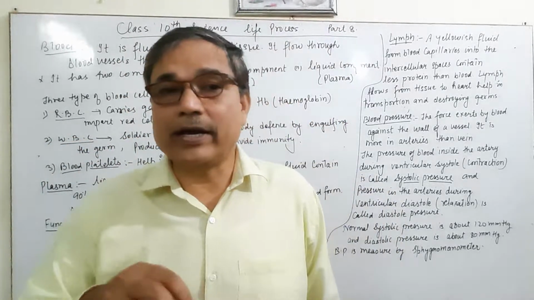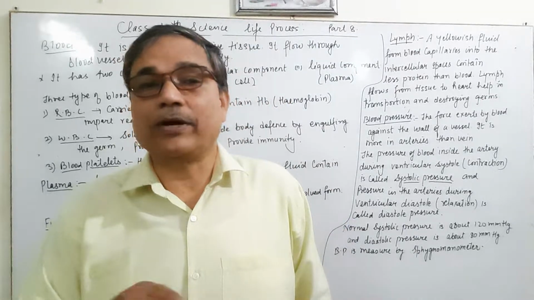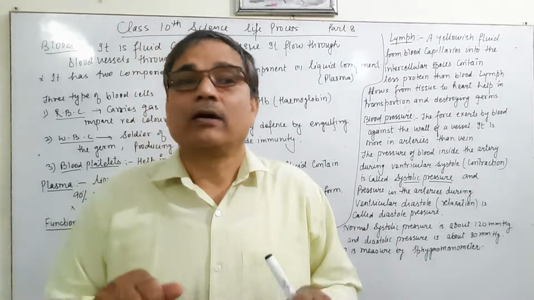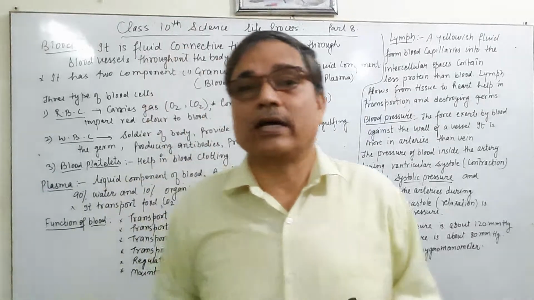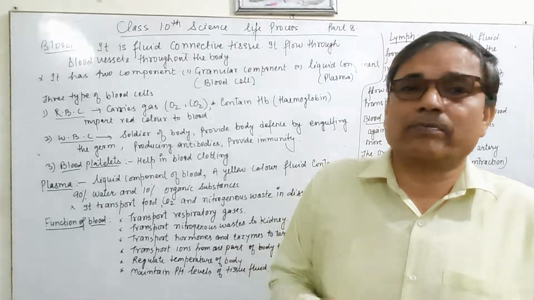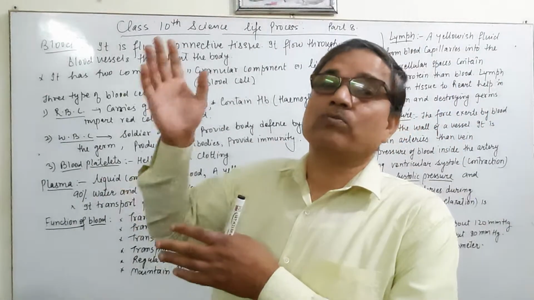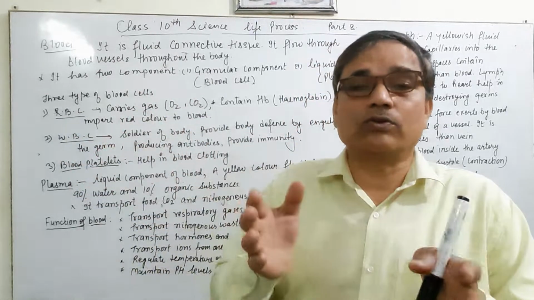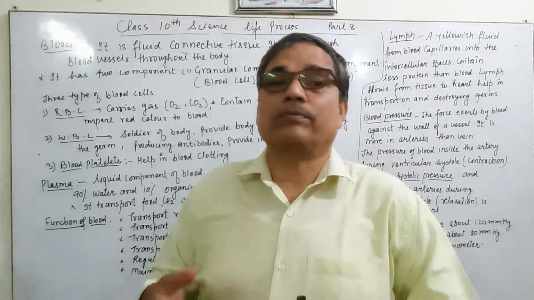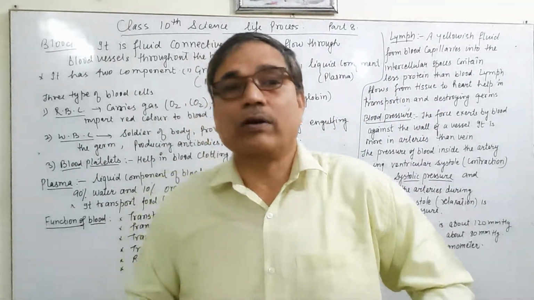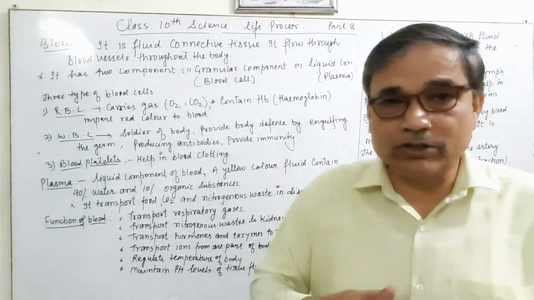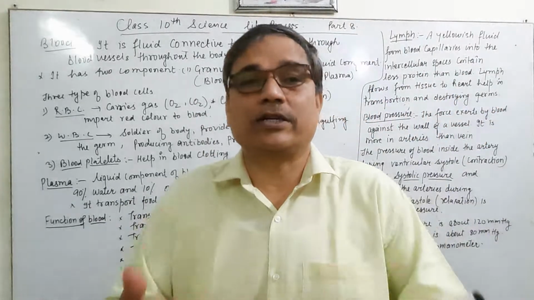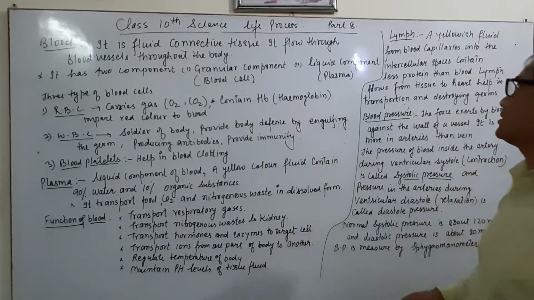Therefore, blood maintains the pH of our body, keeping it neutral or basic and slightly acidic. If the pH is less, between 0 and 7, then the nature is acidic. So blood maintains the pH of our body.